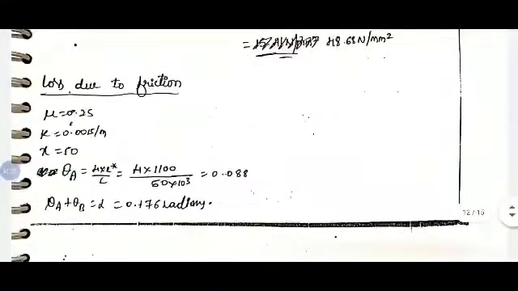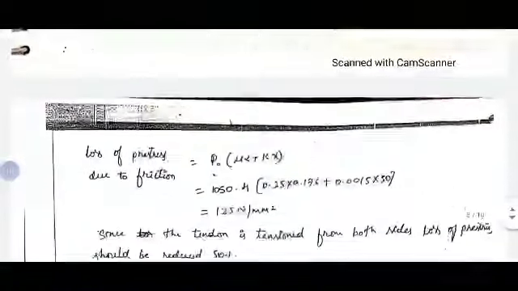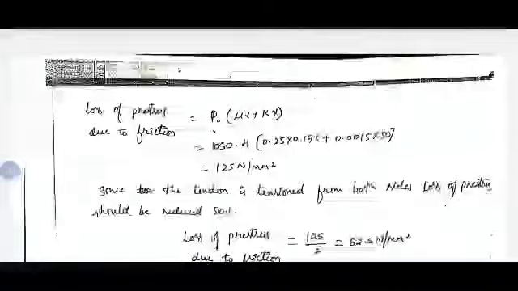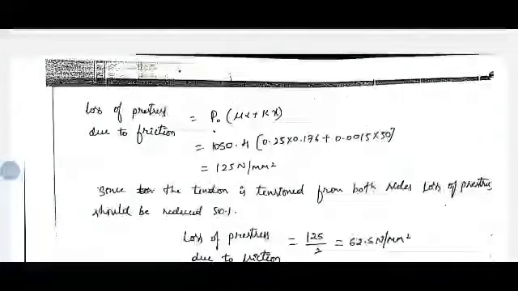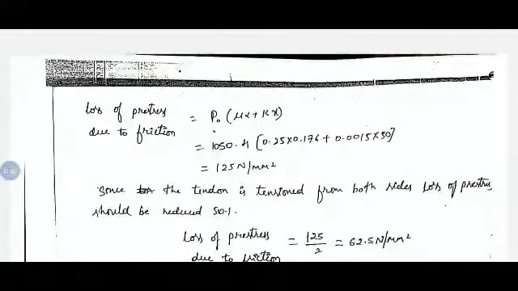Then loss due to friction, mu is given, K is given, x is 50. Loss of pre-stress due to friction is 125 Newton per mm square. Since the tendon is tensioned from both ends, loss of pre-stress should be reduced to 50%. Here you can do it in two ways.